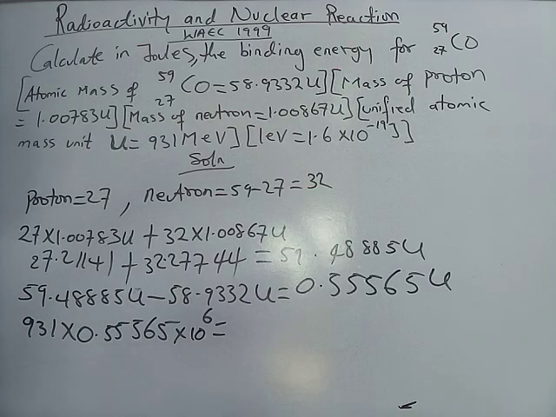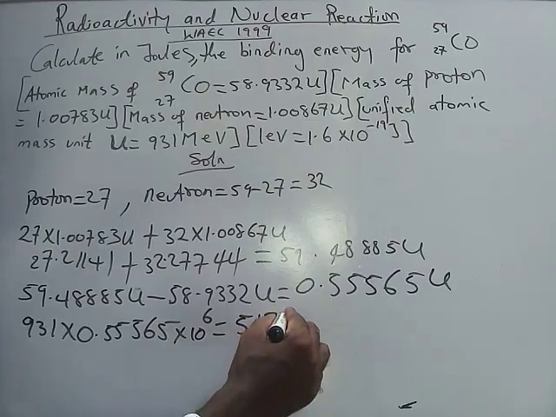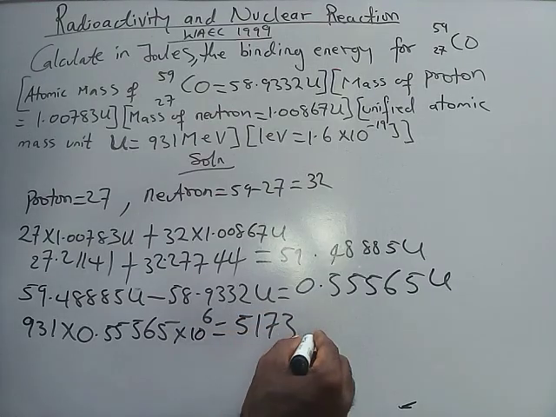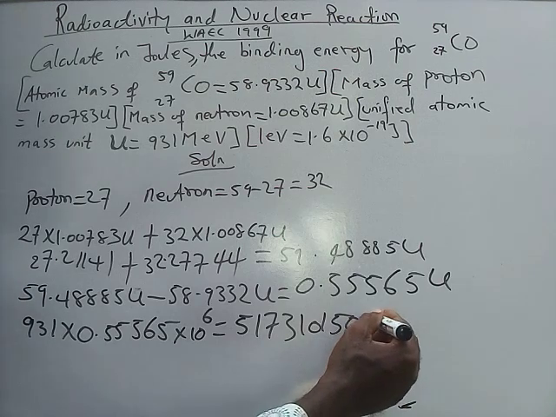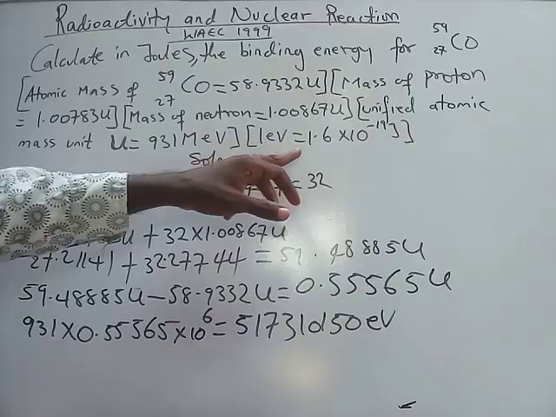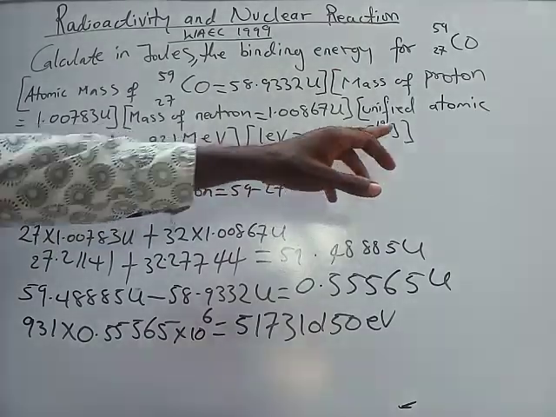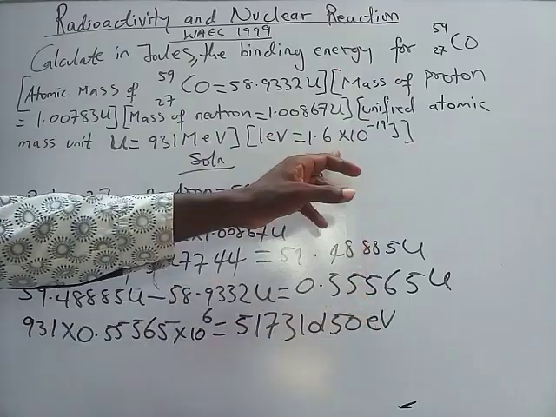After typing this into our calculator, we have 517310150 electron volts. Hope you are with me. Then 1 electron volt is 1.6 times 10 power minus 19 joules, which means to convert this to joules, we multiply by this.